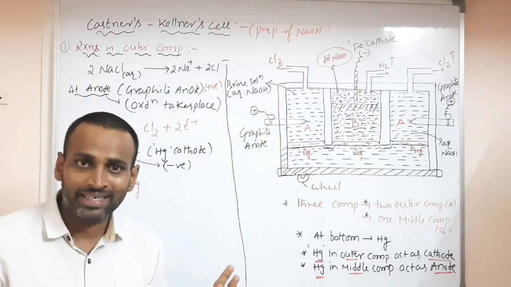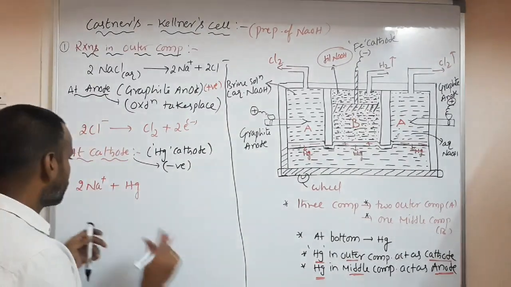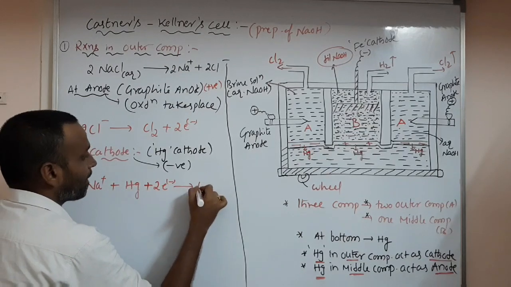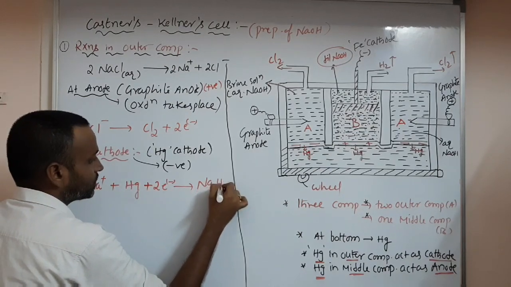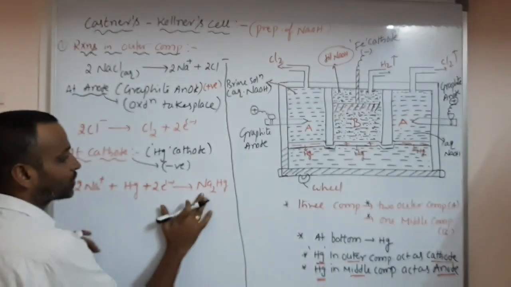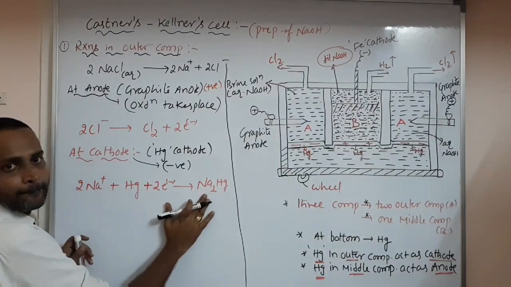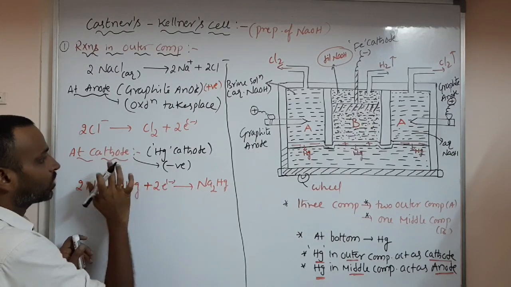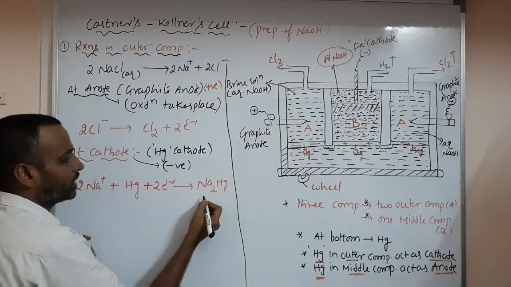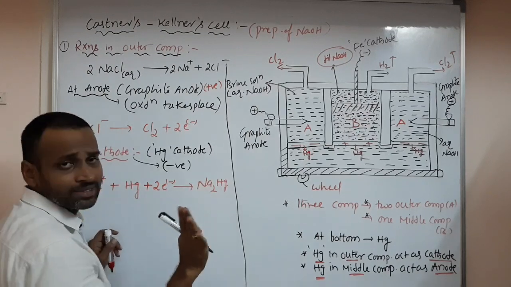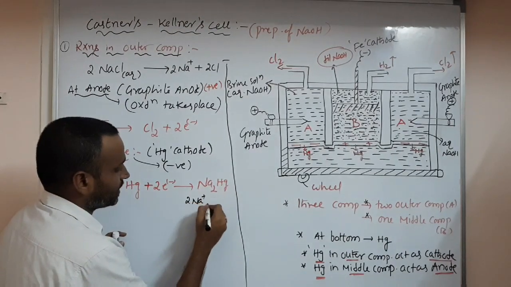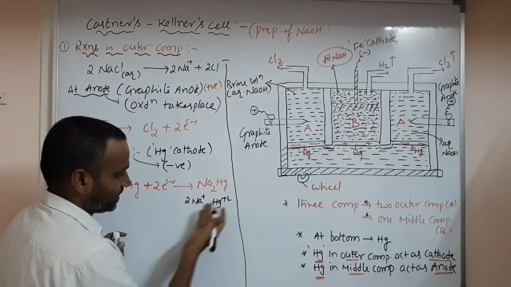But there is no chemical reaction, an alloy forms, that's it. 2Na+ plus Hg plus 2 electrons gives rise to Na2Hg. This is called sodium amalgam. What is this called? Sodium amalgam. Remember this. At the cathode in the outer compartment, what will form? Na2Hg. Na2Hg means two metals, that's it, no charges. Few people are saying, sir, this is 2Na+ and Hg2+. No, sir. Is it possible?